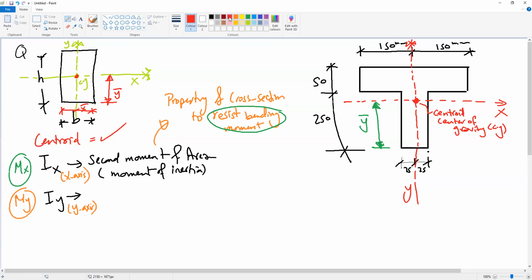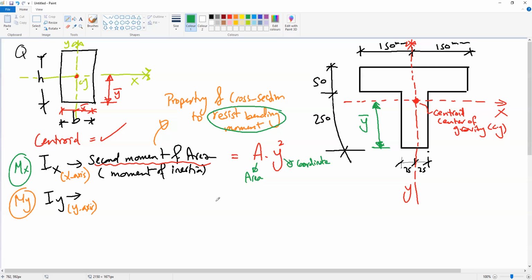From the definition, it means the second moment of area. Second moment of area means the area multiplied by the distance, or the lever arm, squared. So A is the area, y is the coordinate or location from the axis to the center of the area.